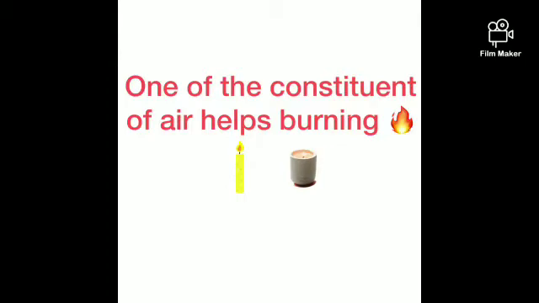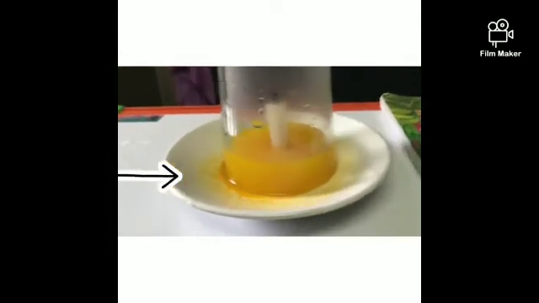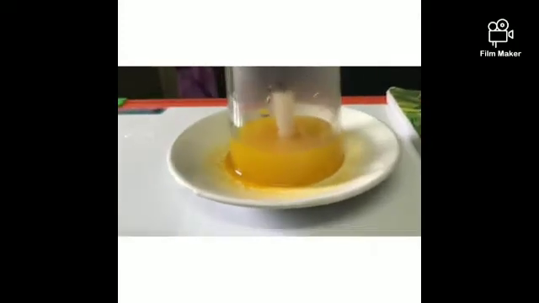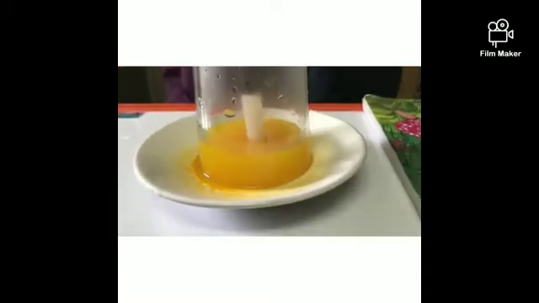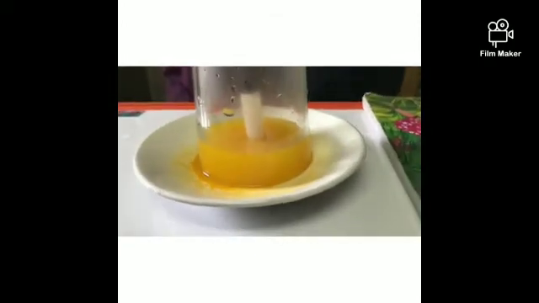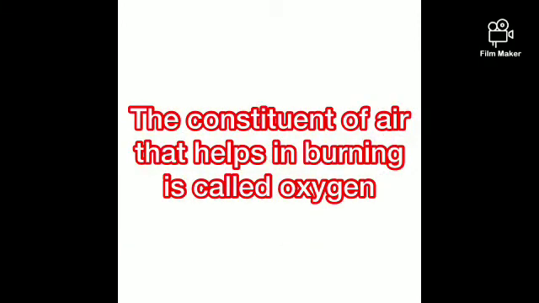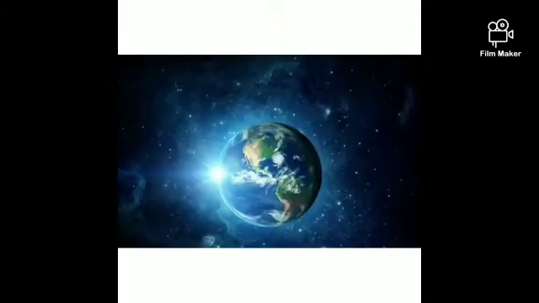One of the constituents of air helps burning. As it gets used up, water rises in the tumbler. When that constituent is finished, the candle stops burning and the candle goes out. The water level too stops rising. The constituent of air that helps burning is called oxygen gas.